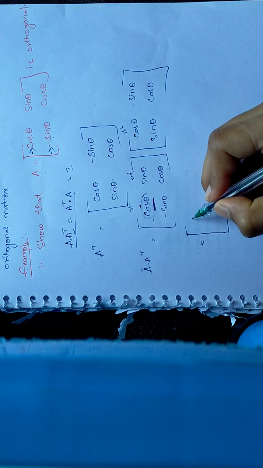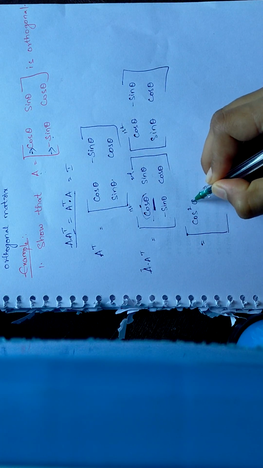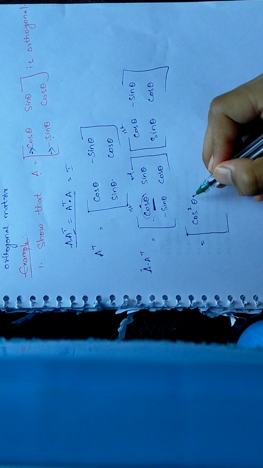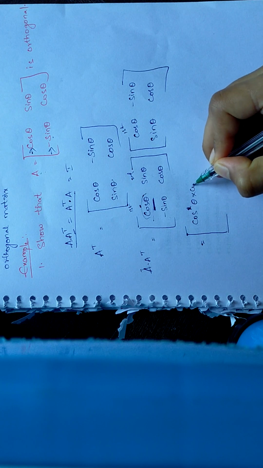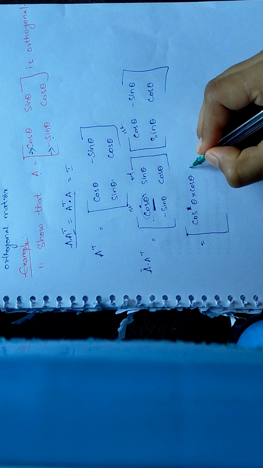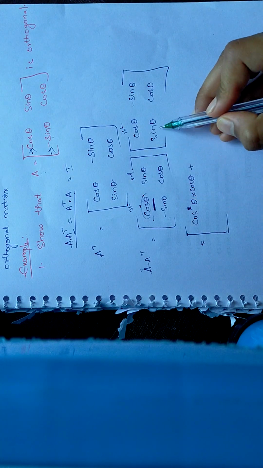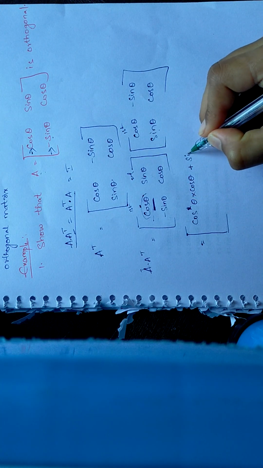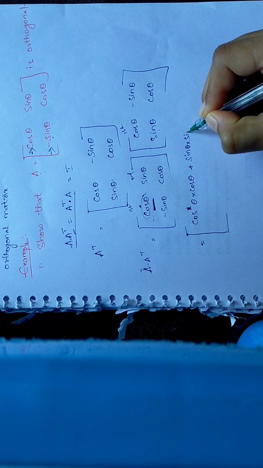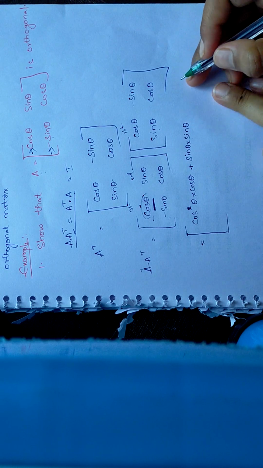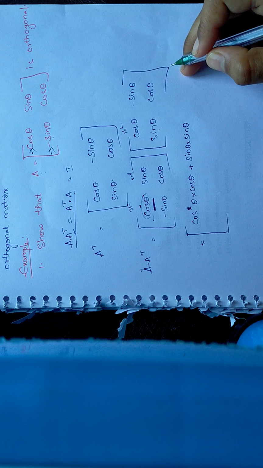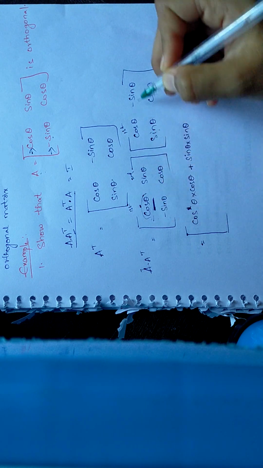Cos theta into cos theta, cos square theta. Okay. For the first time I'll write it clearly. Cos theta into cos theta, plus you have to add, because we have one more element, right? Sin theta into sin theta. Now for this position, that is the second position, you have to take the row again, second column.